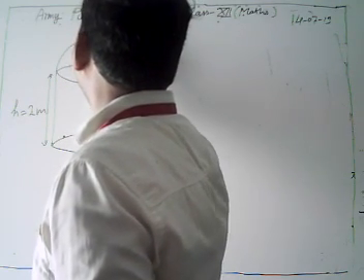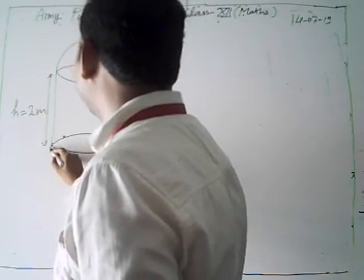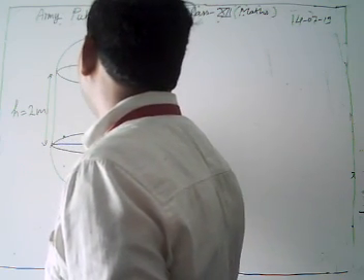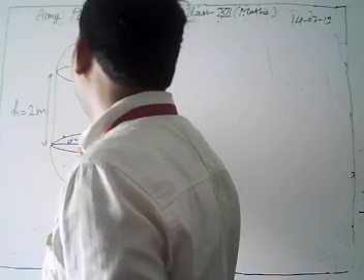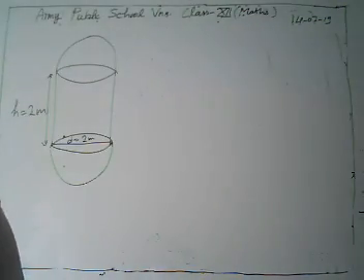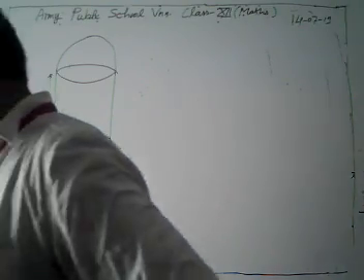There are 2 hemispherical ends of diameter 2 meter. Now we have to find the volume of this boiler.